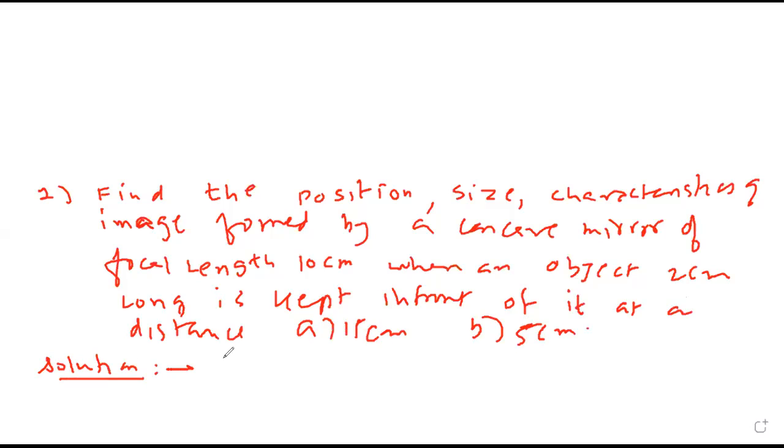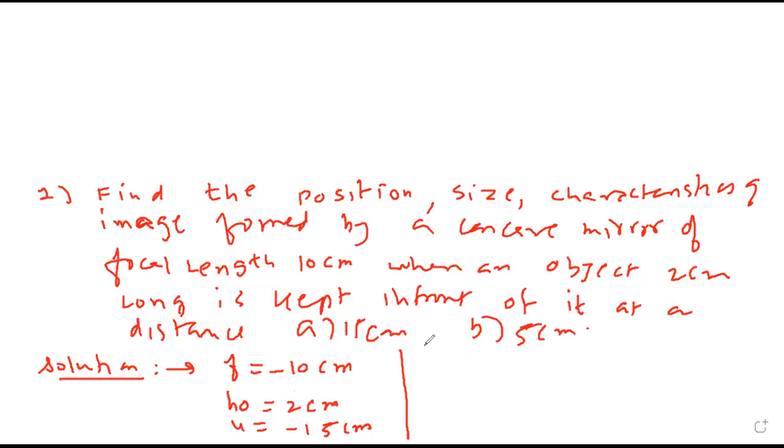So in the first case, focal length f is minus 10 because it is a concave mirror. Height of object is 2 centimeter, kept in front at 15 centimeters, so u is minus 15 centimeters.